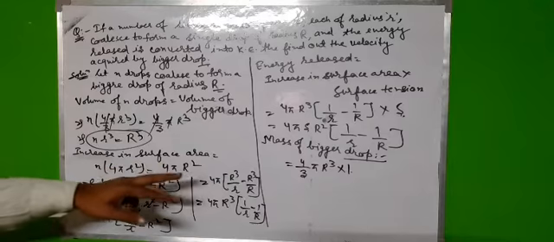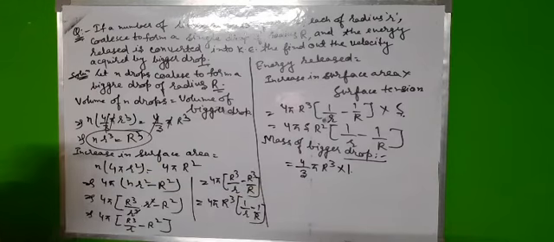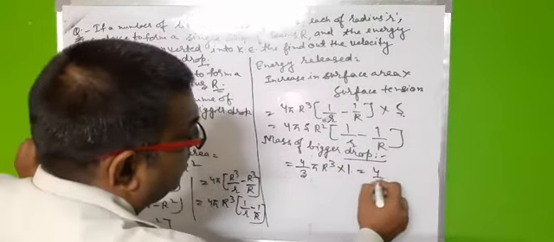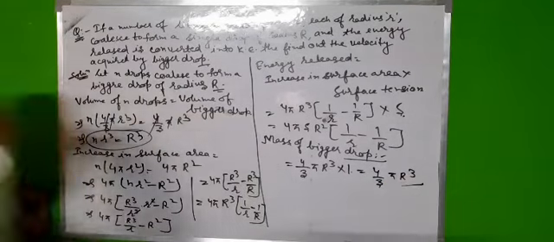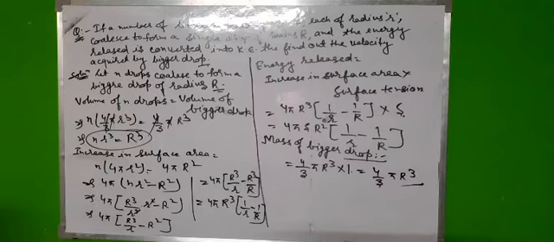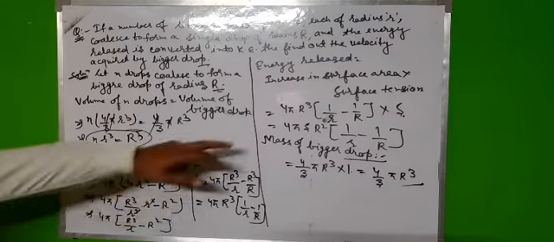So this is the volume into density, and it is equal to 4 by 3 pi r cube. So energy released we had calculated, and after that mass we have calculated. So we can replace in the energy.